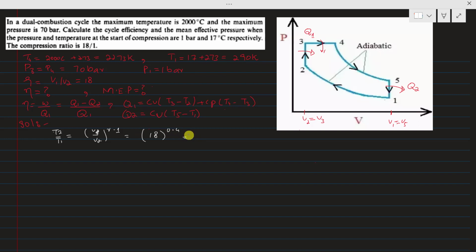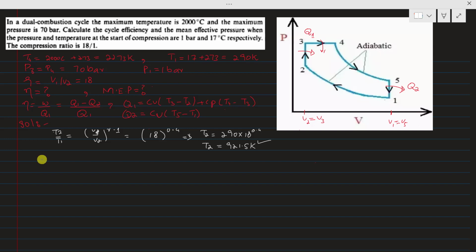So after simplification, T2 is equal to T1, that is 290, multiplied by 18 to the power 0.4. Now you will get the T2 value, that is 921.5 Kelvin.